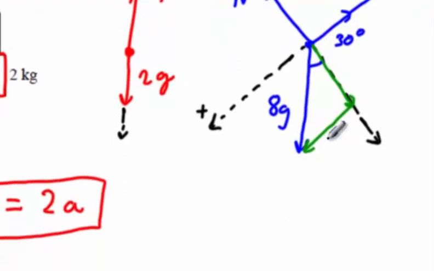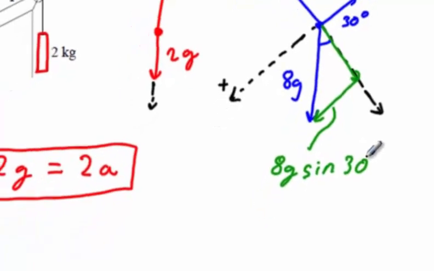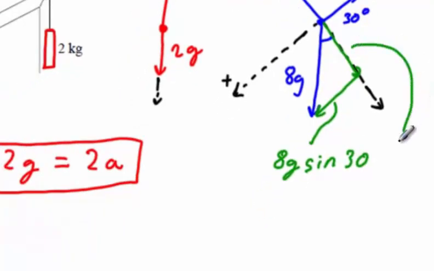The side that is opposite to the 30-degree angle will be 8g times the sine of 30, and the side that is adjacent to the 30-degree angle will be 8g times the cosine of 30. Meaning that in one coordinate equation, 8g sine will appear, and in the other one, 8g cosine will appear.